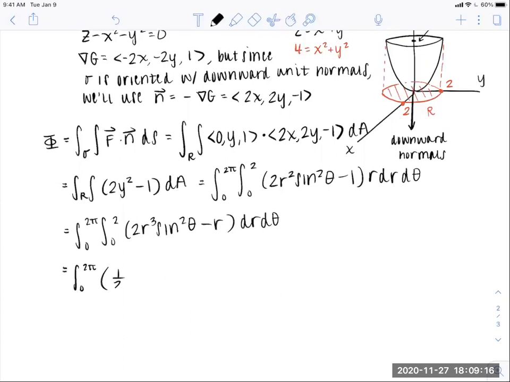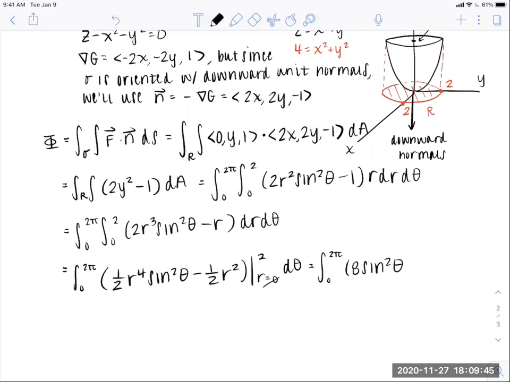So we'll have 1/2 r to the fourth sine squared theta minus 1/2 r squared, where r is ranging from 0 to 2 d theta. Certainly, if we plug in 0, everything drops out. So let's just plug in 2. So 2 to the fourth, 2, 4, 8, 16 divided by 2 is 8 sine squared theta minus 4 over 2 is 2 d theta.